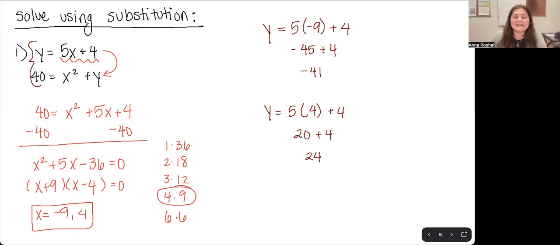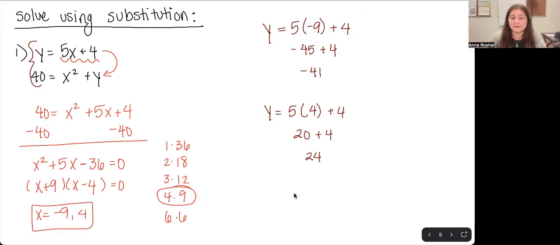Again, because I said that we need to have an x, y point in order to get our final answer, we need to bring the negative 9 and the negative 41 together as a coordinate point.